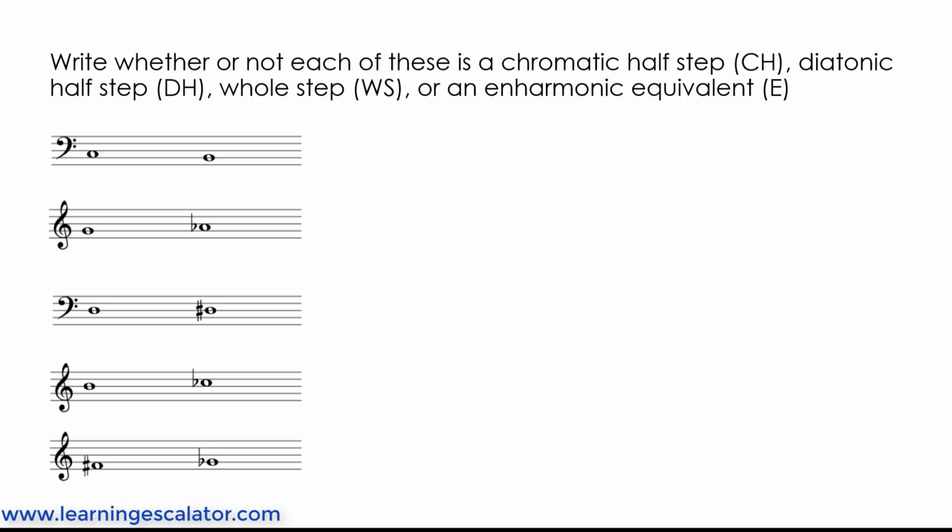Now some problems. Write whether or not each of these is a chromatic half step, diatonic half step, or whole step, or an enharmonic equivalent. So the first one is C to B. So I'm gonna draw a keyboard here.